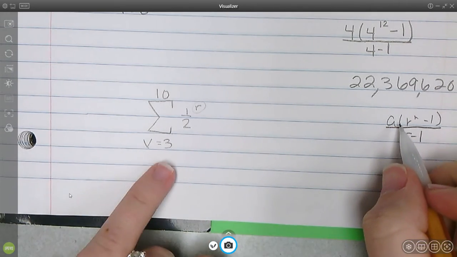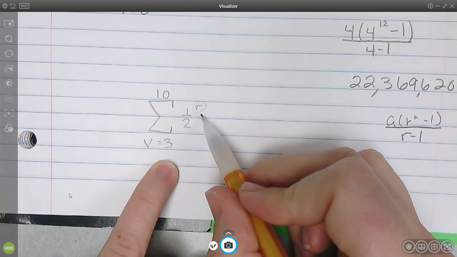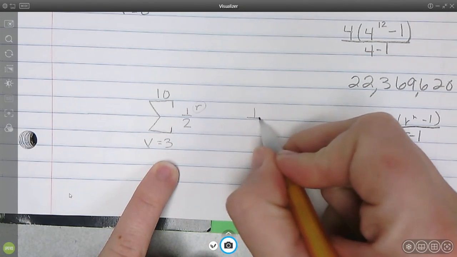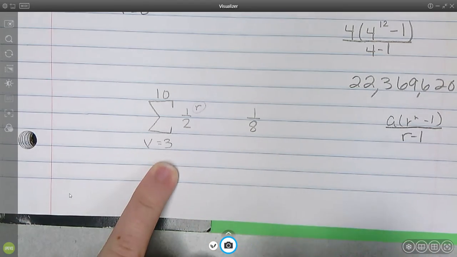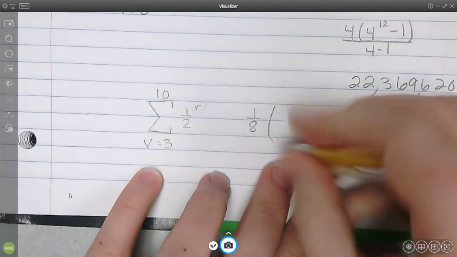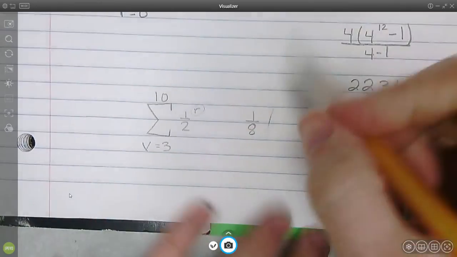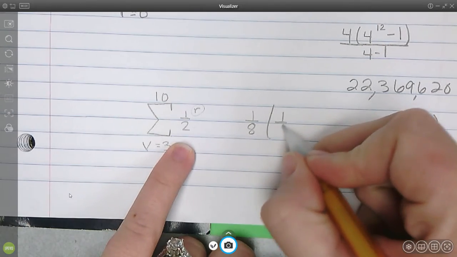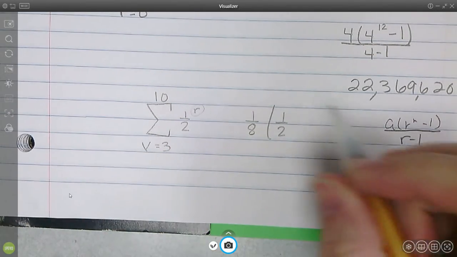A is our first number. If I plug a 3 in here, 1/2 to the power of 3 is 1/8. Then in parentheses, we have r to the n. R is what you're multiplying by, which is 1/2. N is your number of numbers.